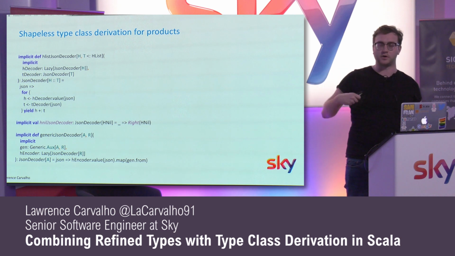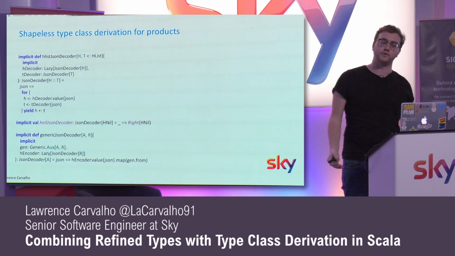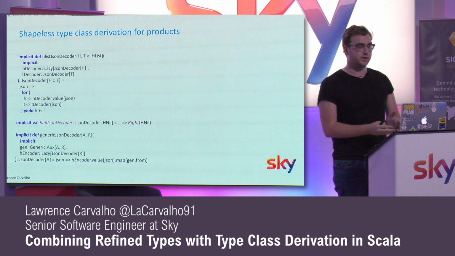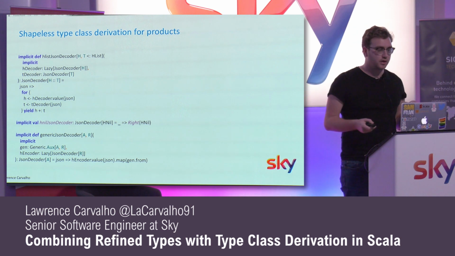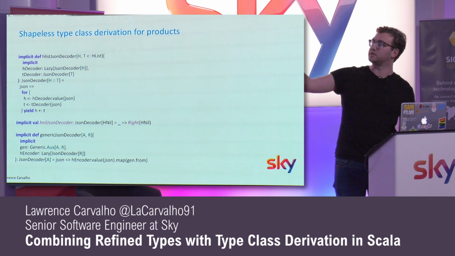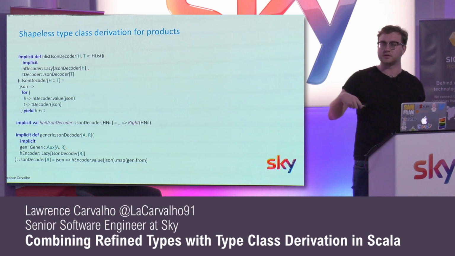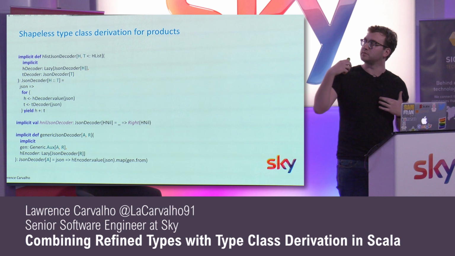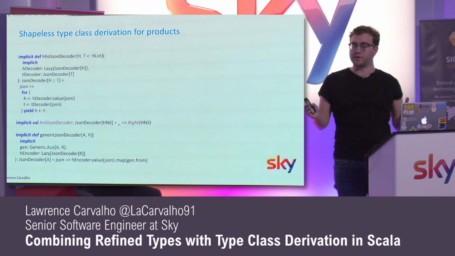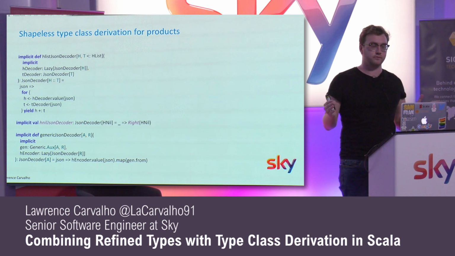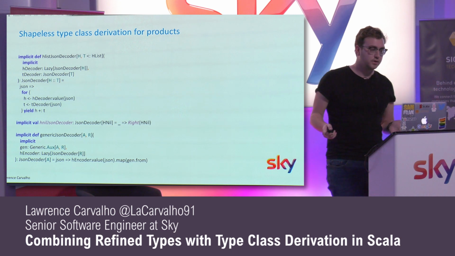So it's going to recursively resolve your type class instances until it builds. You can see the return type of this JSON decoder here is H :: T, and that's an H list definition. So it's going to recursively derive your type class instances until it's built the full H list that represents your product type.